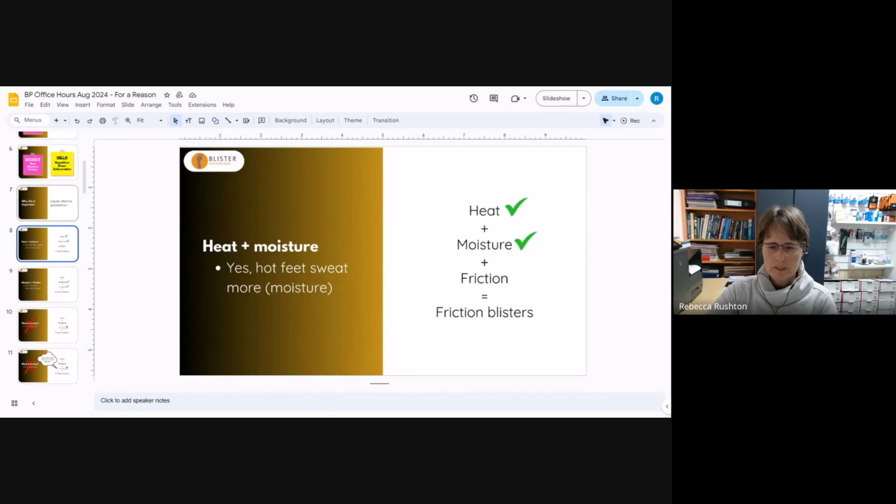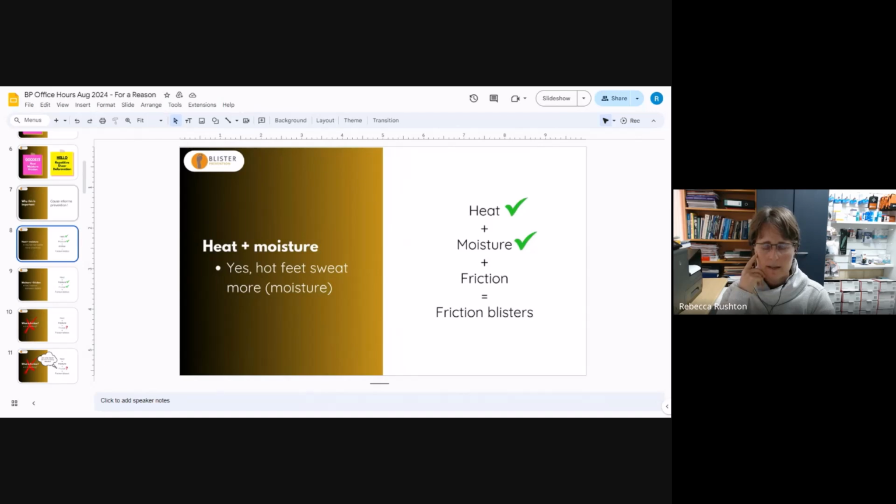But it's important to realize that you don't actually need heat. You can get blisters in very cold environments. And although there is heating of the tissues around where the blister forms as a lead up to blister formation, it's not causative. It's an indication of the loads on the skin and soft tissue. But we certainly don't need heat to create blisters.